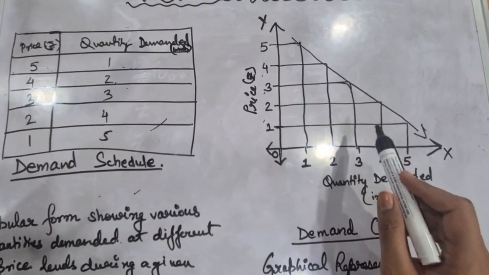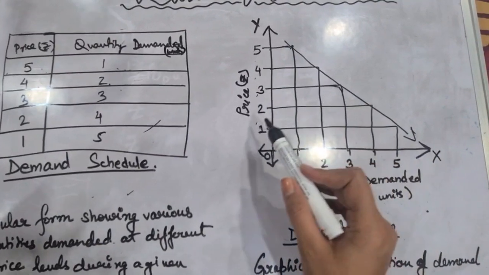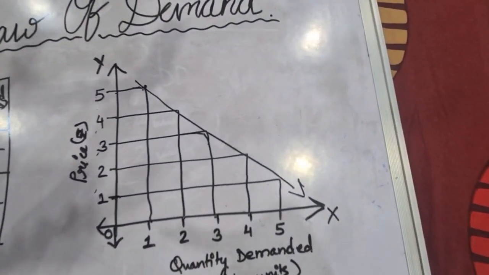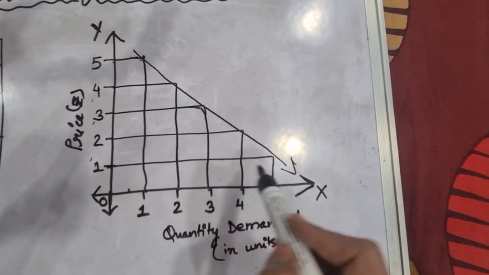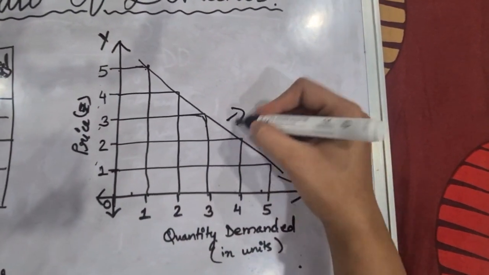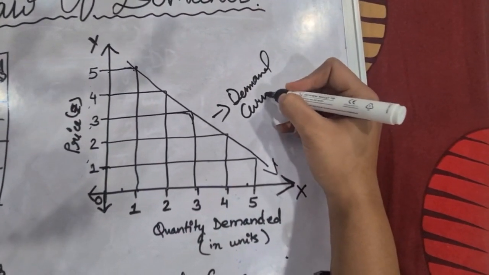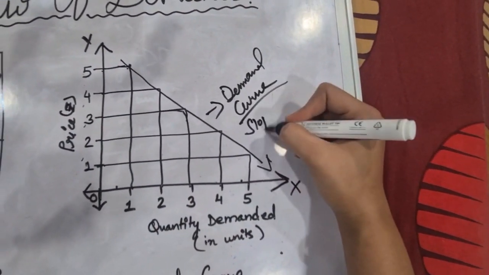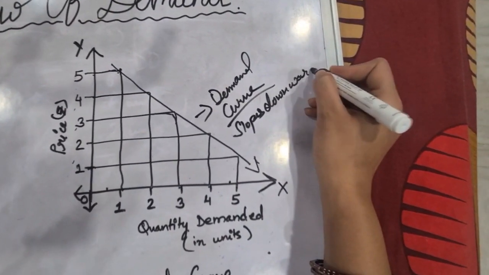The demand curve slopes downward due to the inverse relationship between the price and the quantity demanded. Here you can see when the price goes down, the quantity demanded increases, and this is the demand curve which slopes downward. Why?